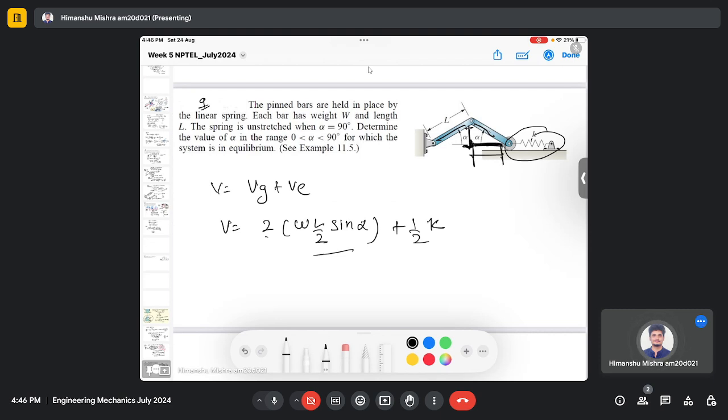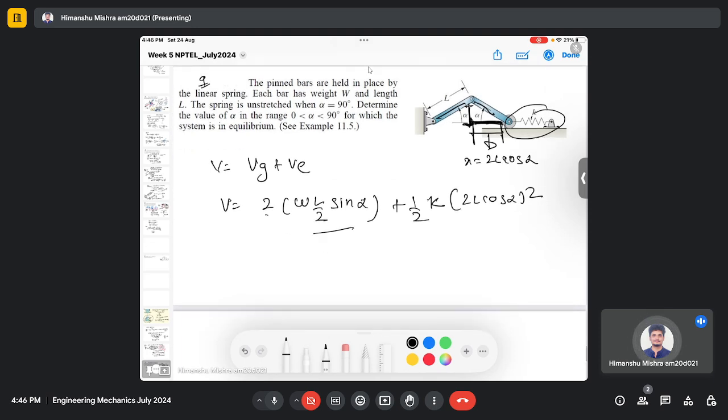This distance x is 2L cos alpha. So it is 2L cos alpha whole square. This is x. And we know that the potential energy of the spring is half kx square. So x is 2L cos alpha.